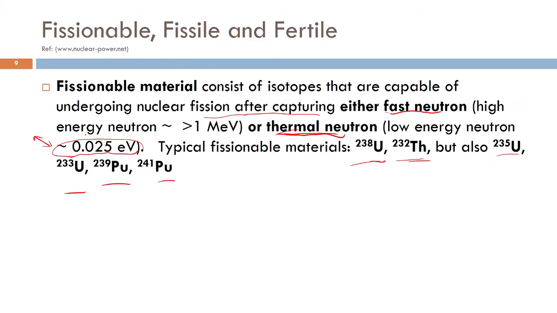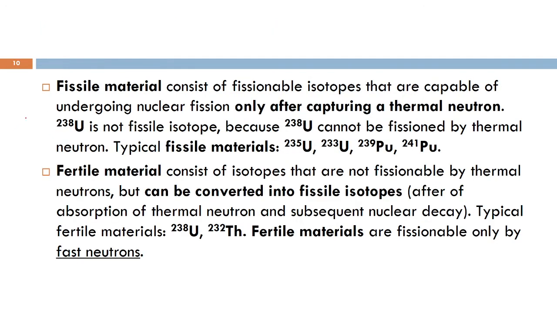Then we have the second terminology, called fissile. Fissile material is fissionable material, but only fissions by thermal neutron.